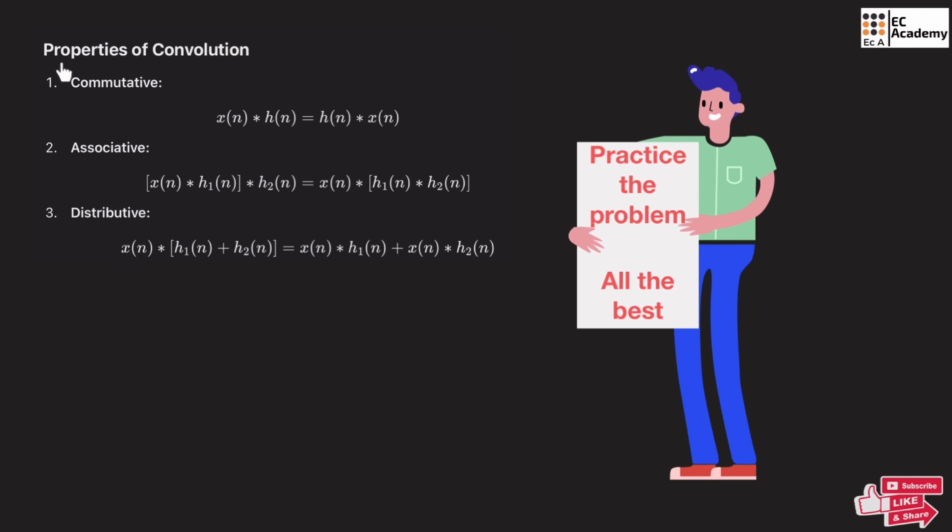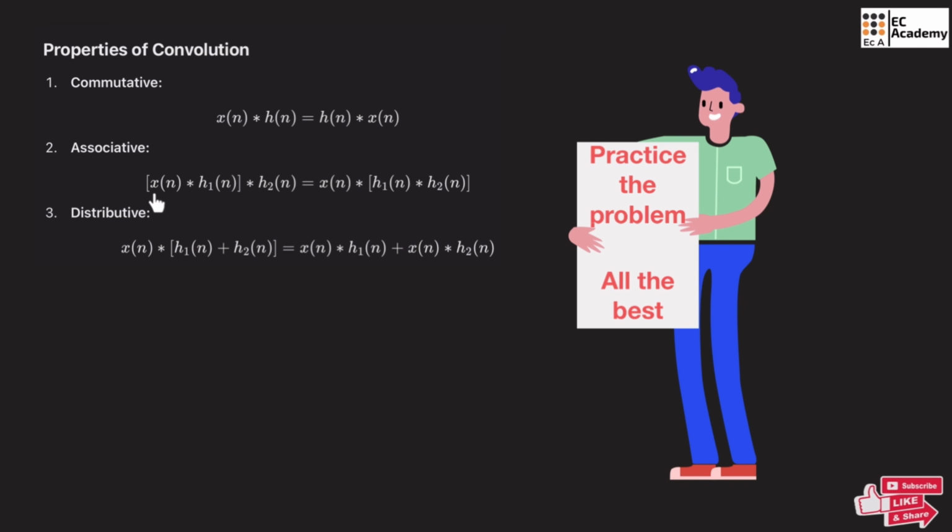Now let us understand the properties of convolution. The first property is the commutative property, where x of n convolved with h of n can be taken as h of n convolved with x of n. So this is the commutative property. Associative property: x of n convolved with h1 of n, then convolved with h2 of n, will be equal to x of n convolved with h1 of n convolved with h2 of n.